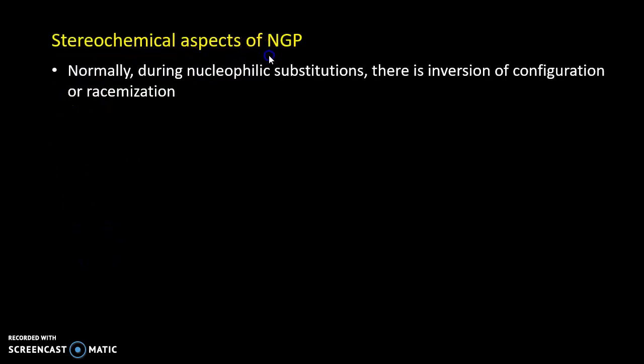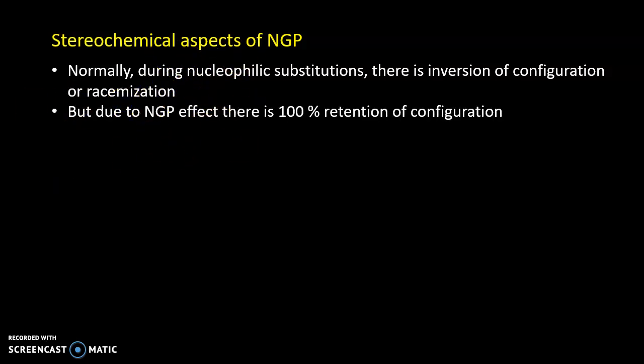Now we'll see the stereochemical aspects of neighboring group participation. Okay, now students, you know that in nucleophilic substitution reactions, it may be an SN1 reaction or it may be an SN2 reaction, there is an inversion of configuration or racemization. In normal nucleophilic substitution reactions without involving this NGP, there is either inversion of configuration or racemization.